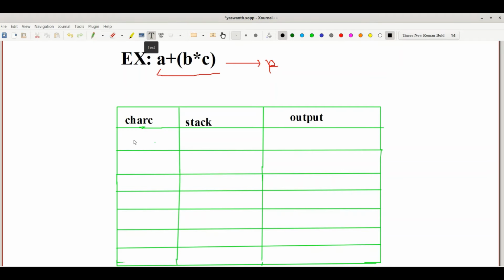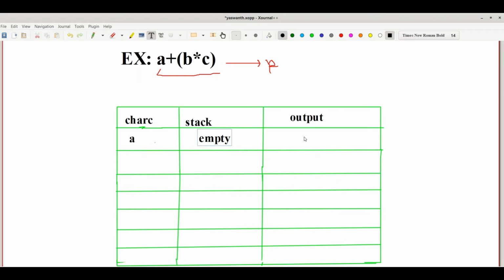Initially, the first character is A, so I am taking the character A. What is the stack? The stack doesn't contain operands, so it is empty.